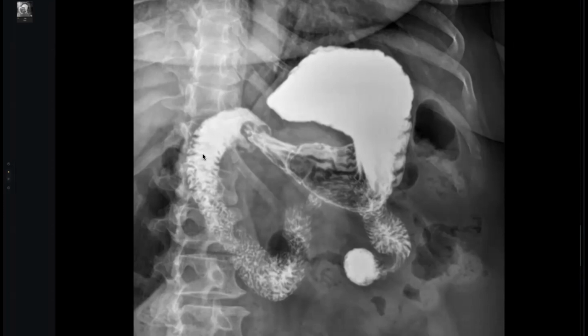Okay, narrowed. Why? What is inside it? The bilorojejunal junction. Excellent. What happened inside it? Could you see the contrast completely? No. Okay, so what is inside?